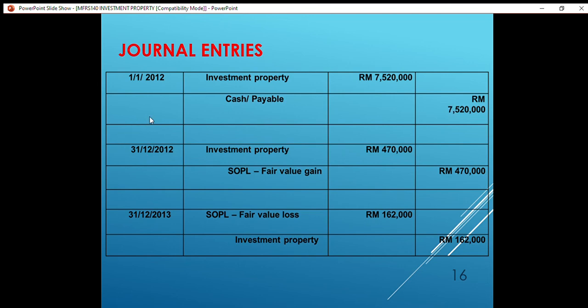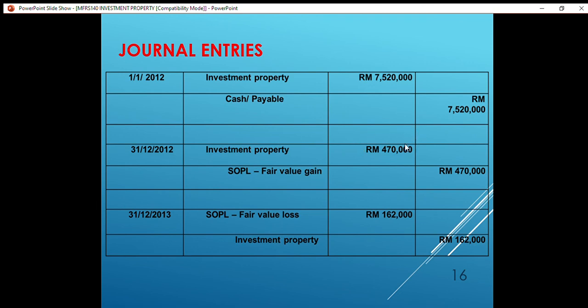And on 31st December 2012, we know that there is an increase in fair value amounting to 470,000. So we should debit the investment property because we have to increase the value of the investment property, so that the carrying amount is at its fair value.